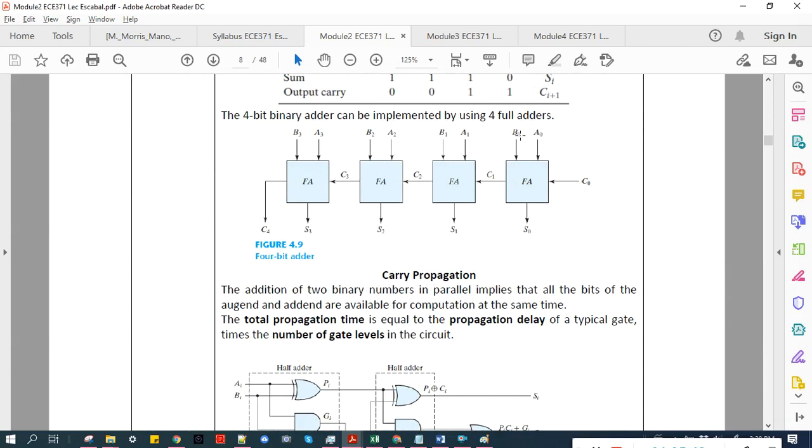The inputs are A, B for each bit of A and B, and then another input is the carry. Notice C sub 0, that's the initial carry from the previous stage. For the 4-bit adder, we would expect C sub 0 to be 0 if we don't connect it from any other circuit.